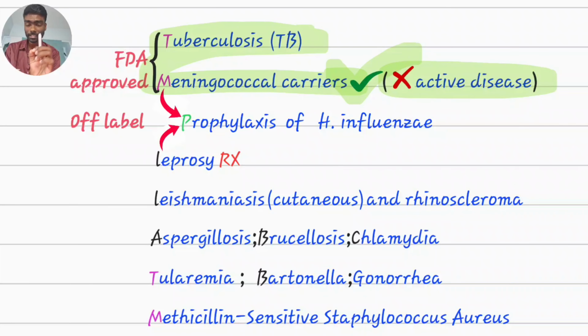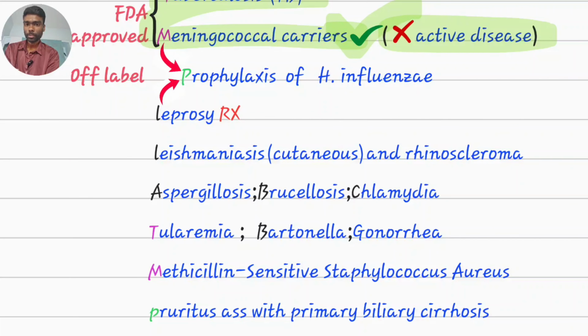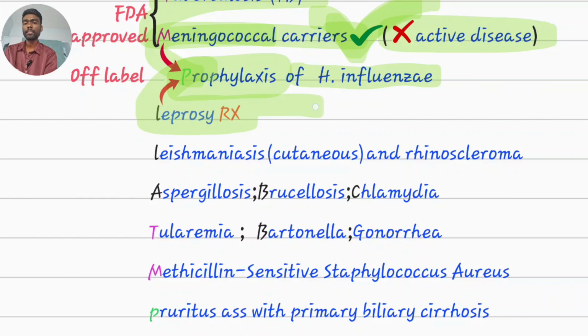Not meningitis, meningococcal disease. Coming to its off-label uses, prophylaxis. I already told you, only in prophylaxis will we give monotherapy, and in meningococcal carriers also we will give monotherapy. Prophylaxis of meningococcus, H. influenzae and leprosy, both leprosy prophylaxis and in treatment as well.